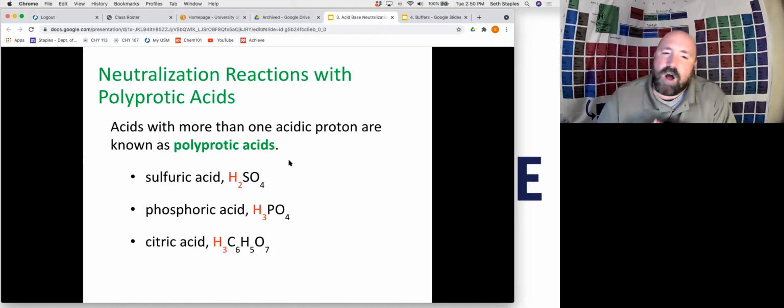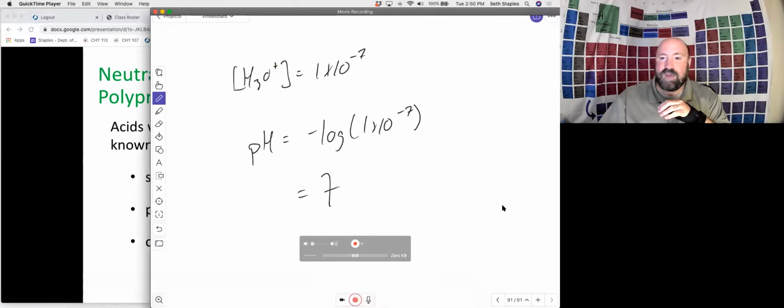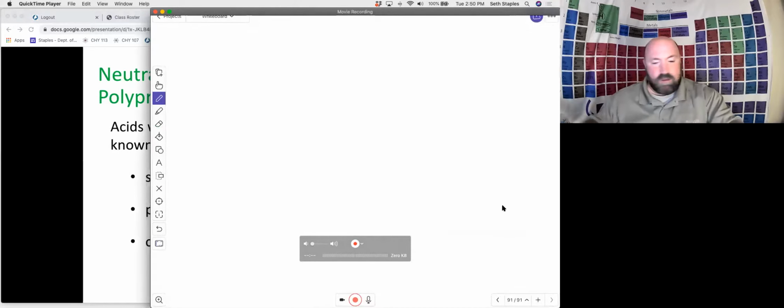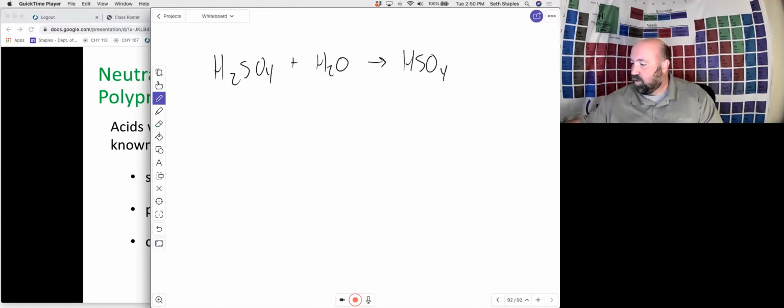We haven't talked about polyprotic acids, but polyprotic acids are those that can contribute more than one hydrogen. And so something like sulfuric acid, let's just take a quick look at. So sulfuric acid, H2SO4, plus water, can form HSO4 minus and H3O plus.